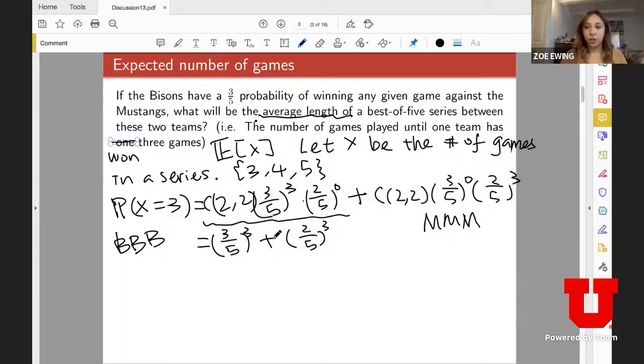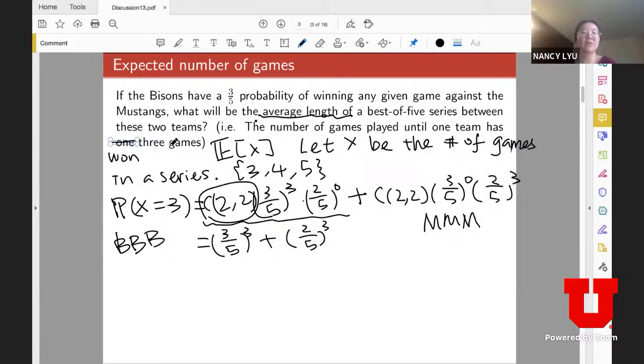There is a question in the chat about why isn't it combination 3 choose 3? The combination right here, this one, I believe so, yes.